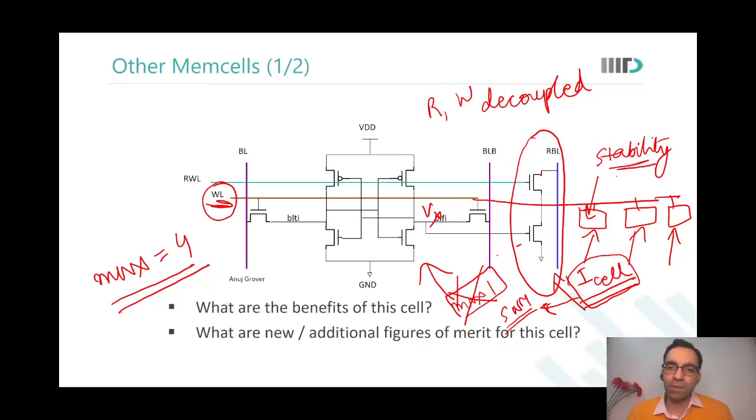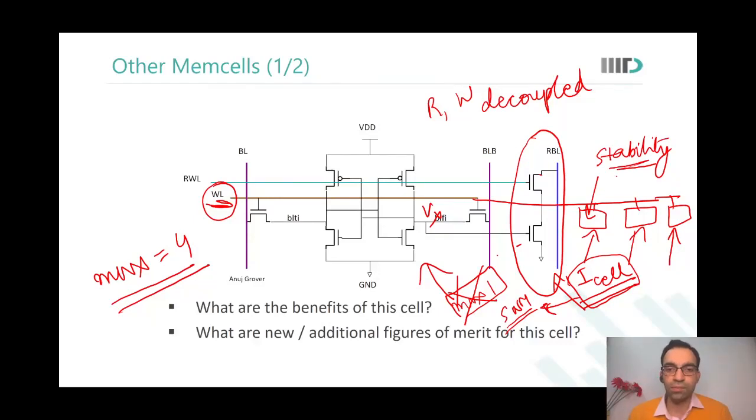Again, numerous papers in academia you will see who forget that there is a mux thing there. They simply say, oh, 8T cell is the panacea, it solves all problems. No, it doesn't. If you have mux greater than 1, it doesn't solve all the problems. You need to do something else. Yes. Many academic papers simply ignore that aspect. Okay, so I'm telling you this because I don't want you to fall into those traps.